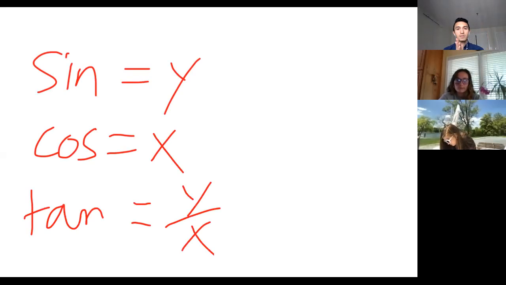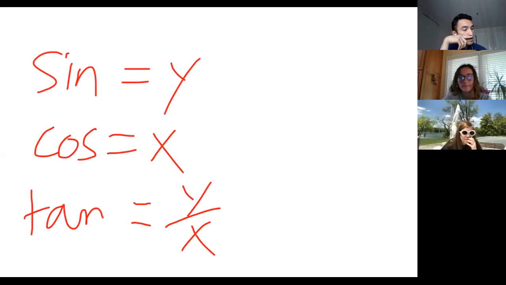And that's exactly what the unit circle is trying to help you with. The unit circle is when you have a circle with radius one all around. And so you can just look at it to help you calculate all these different things.